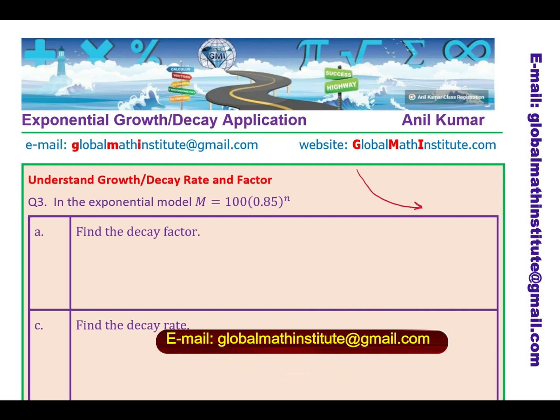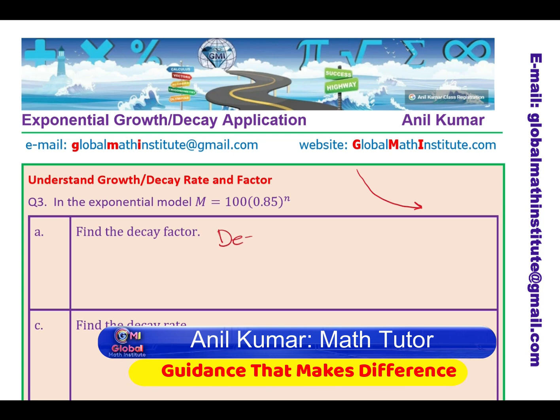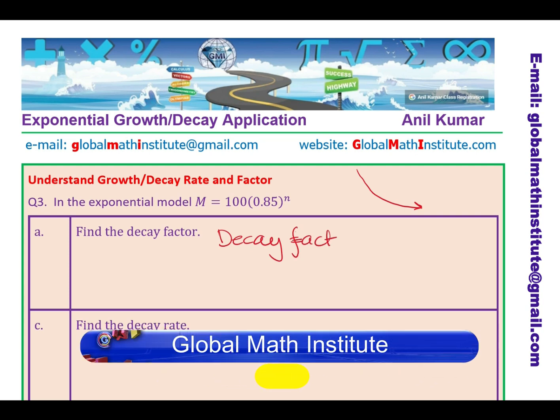So decay factor you can find by what number 100 is being multiplied. So clearly the decay factor is 0.85, right? So every time you multiply by 0.85, so it is decreasing by that rate.